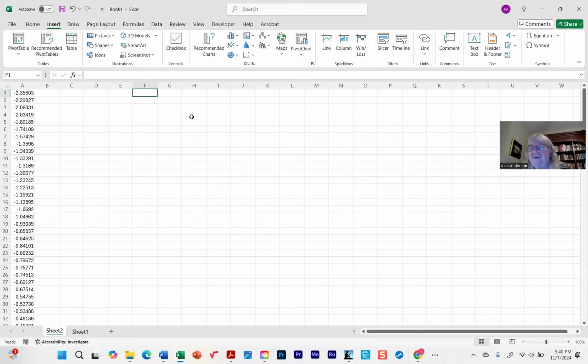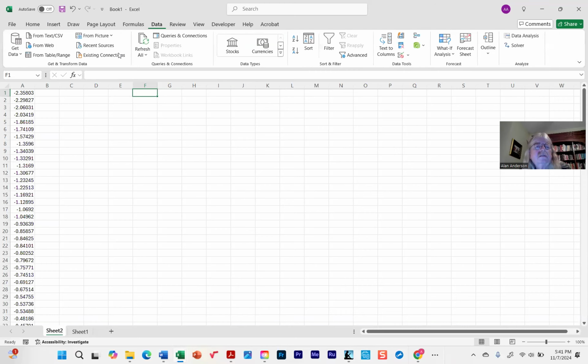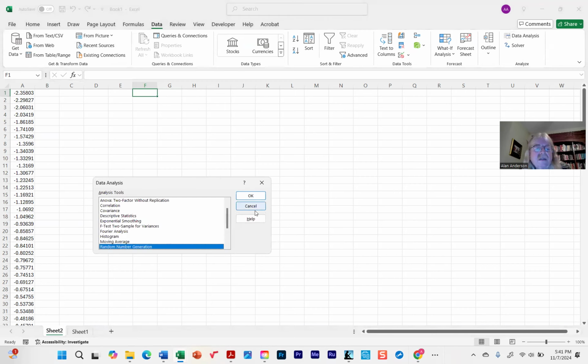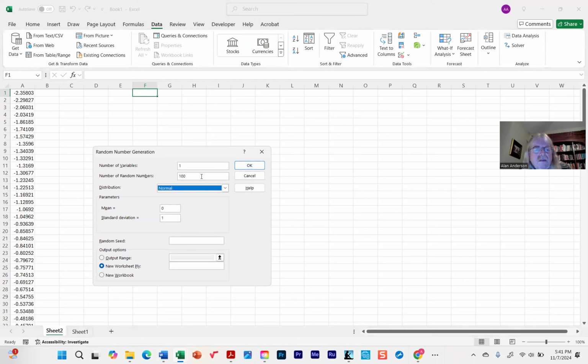What I'd like you to see is, let's say we have a stock where we assume stock returns are normal, but instead of standard normal, it has a mean return of 0.08 per year and a standard deviation of 0.20.